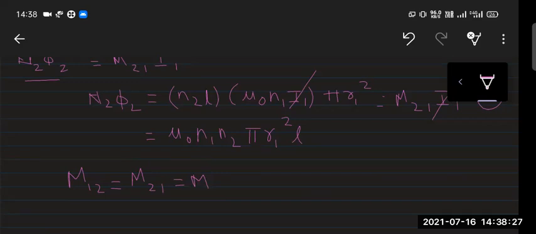This is called flux linkage. Above, we said that M is a proportionality constant. Here we have derived its value.